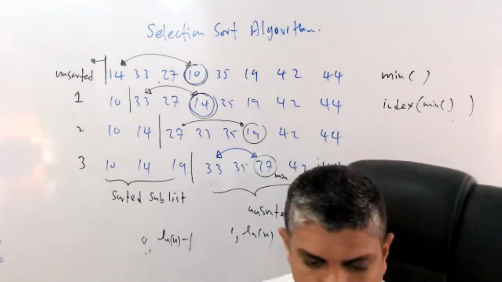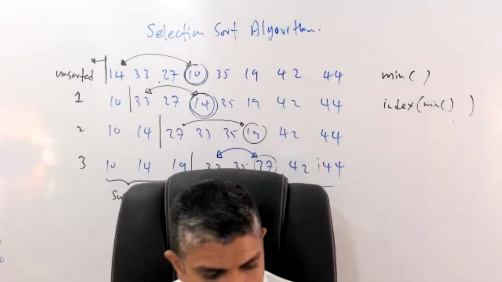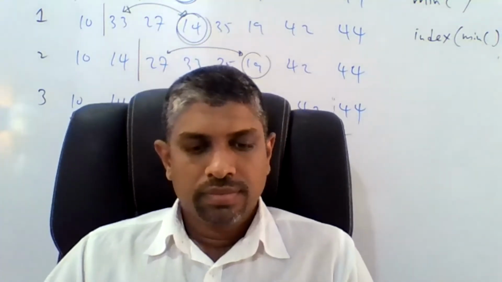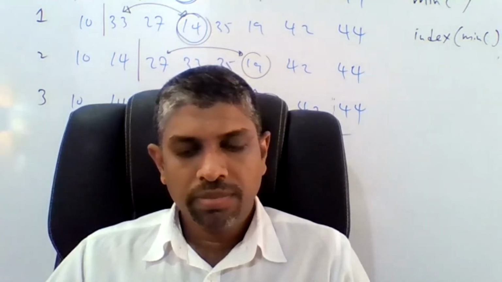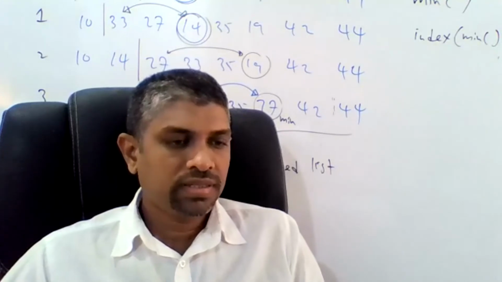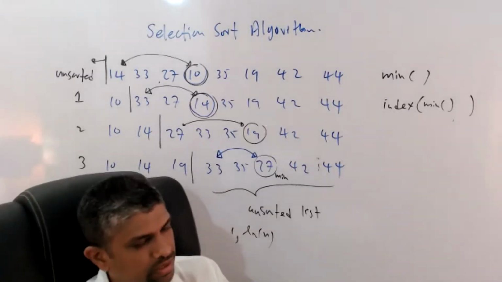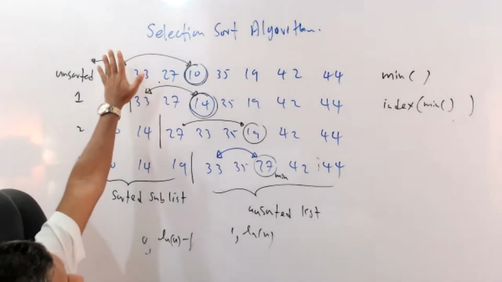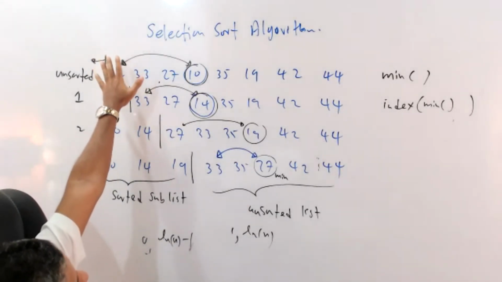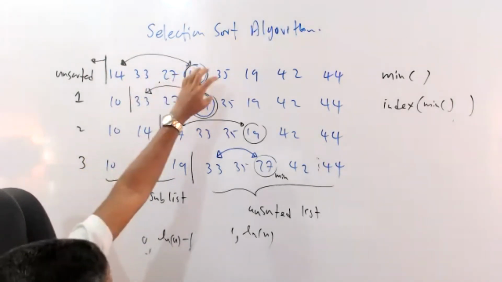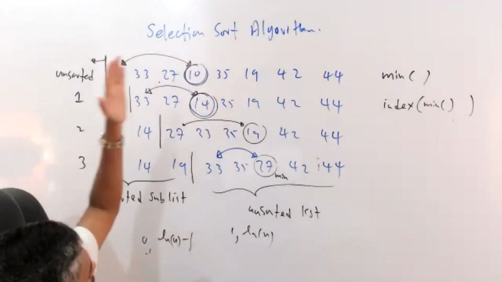Shall we do this? Okay, so if you compare the previous method with this method, in the previous method we have to insert the key to the right location.